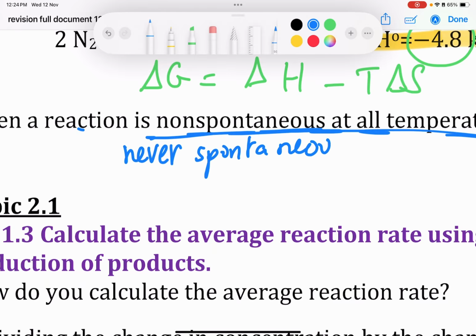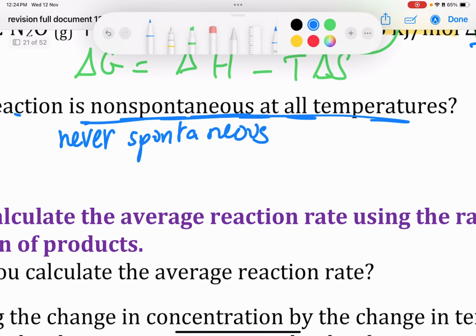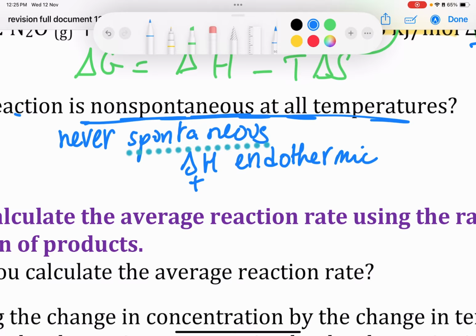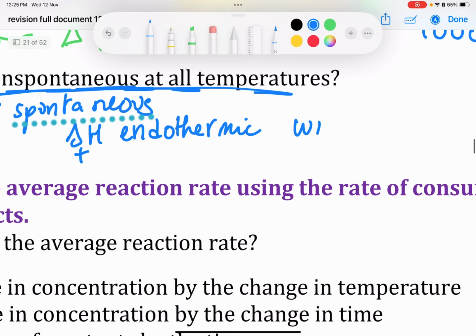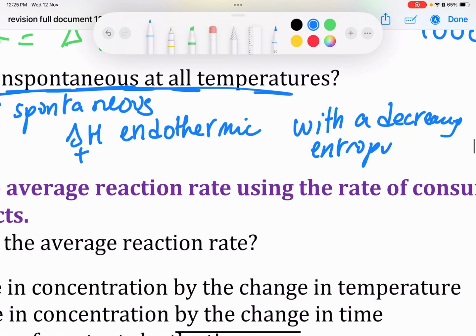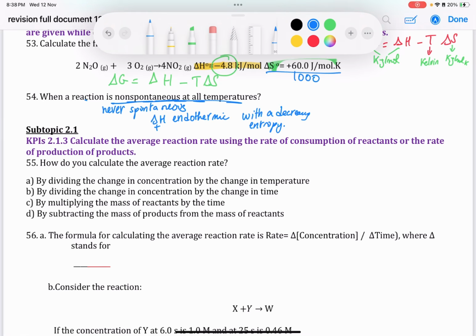A reaction is never spontaneous if the delta H is positive. It means an endothermic reaction with a decreasing entropy.